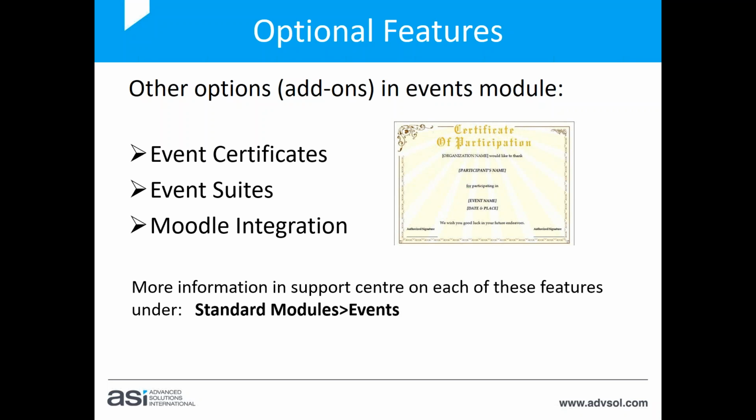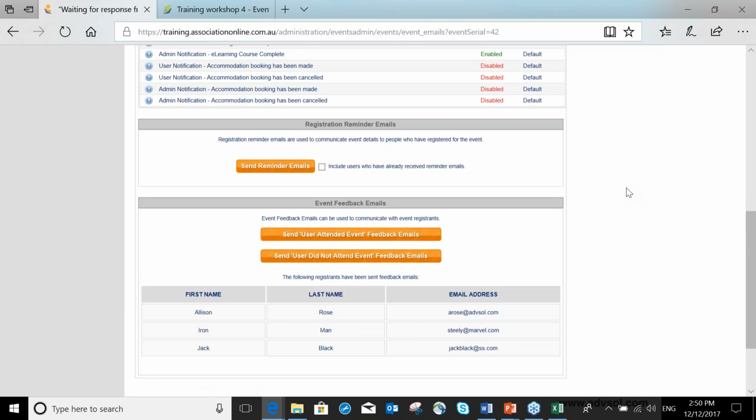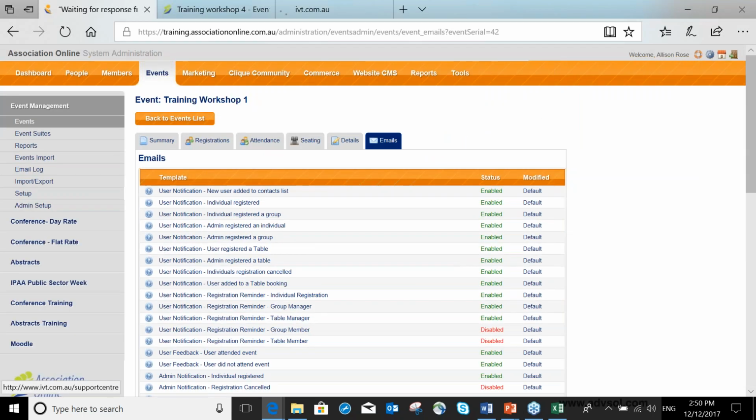But if you want to know more information now, I'll show you in the support center under standard modules events. You will find information about each of these add-ons as well. If you want to know more, contact support to organize a quote or have the feature installed if you want. In the back end, I'll go to my little life buoy up the top and open up the support center.